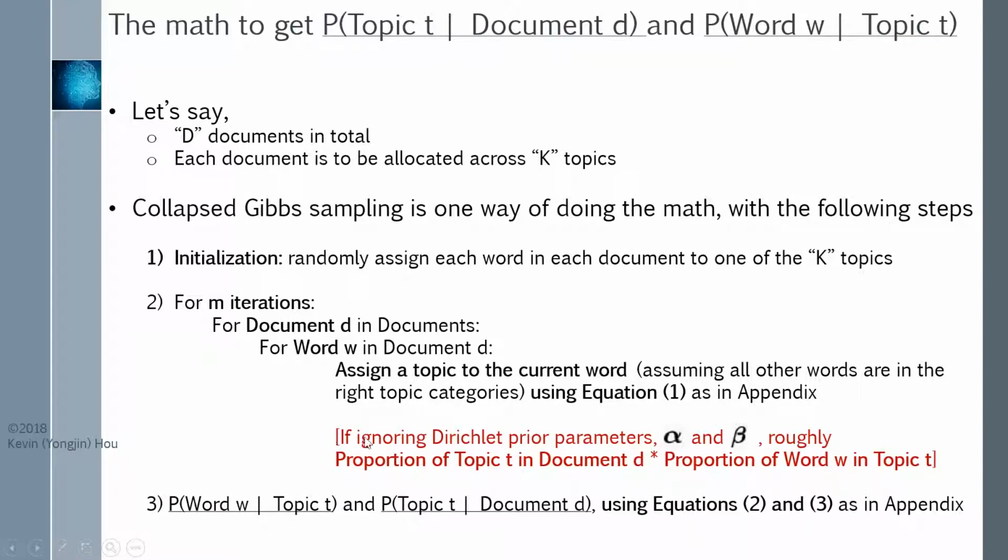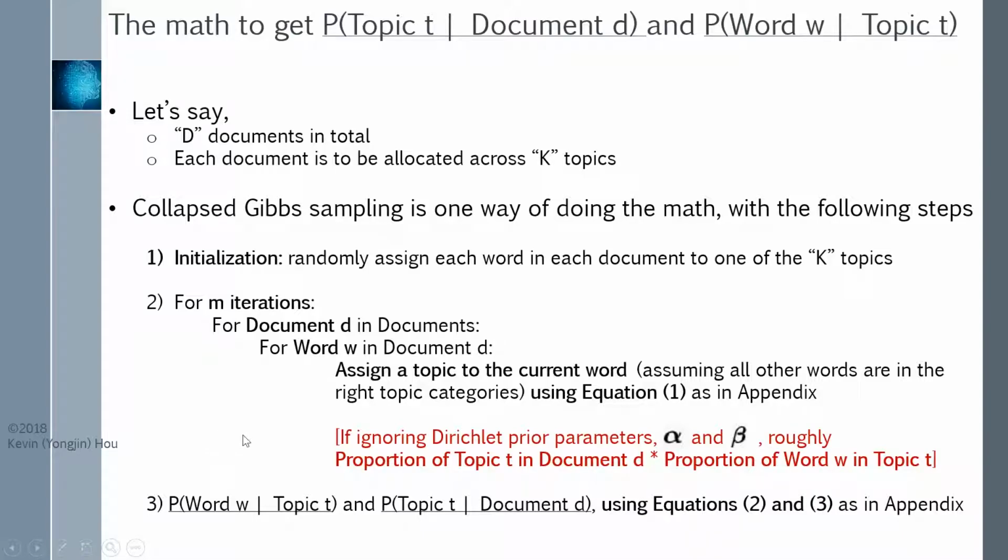But roughly the idea is, if we ignore the Dirichlet prior parameters alpha and beta, which you'll see on the next page or in the appendix, then roughly the topic assignment for the current word is based on the proportion of topic T in the document, and also the probability that the current word is used in topic T. Because there are potentially K topics we can choose from, you do this calculation for each of the potential K topics, topic 1 versus topic 2 versus topic 3, all the way to topic K, uppercase K, and you take the maximum across all the different numbers, and the topic associated with the max number will be the topic assignment for the current word w.